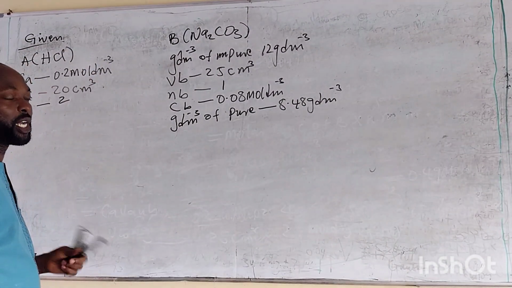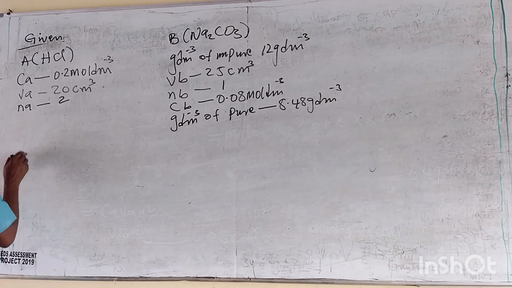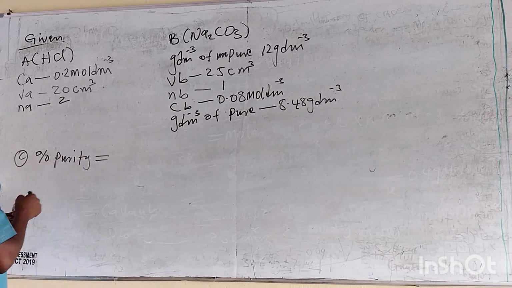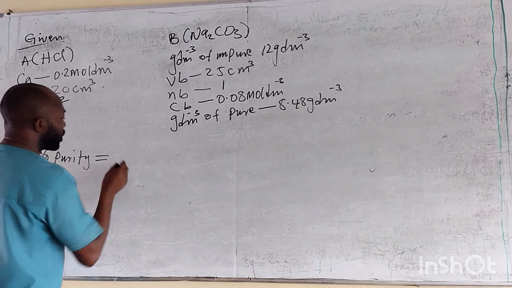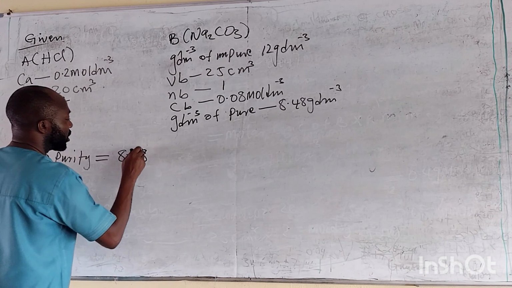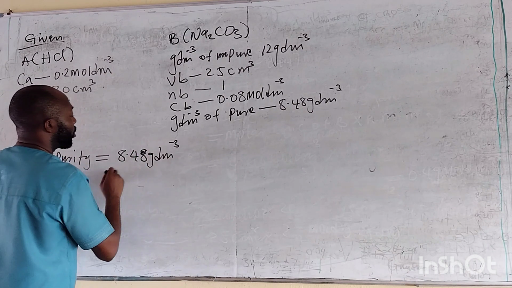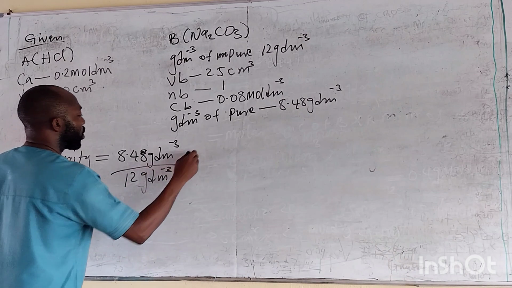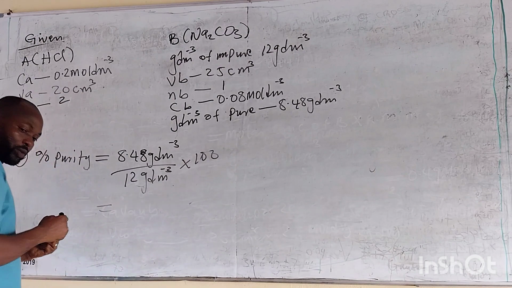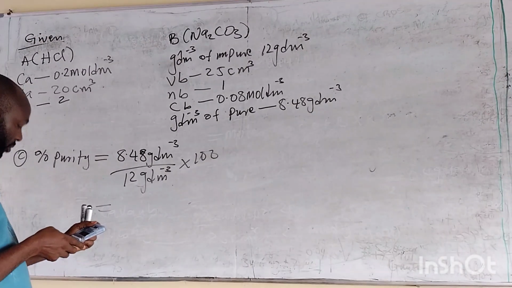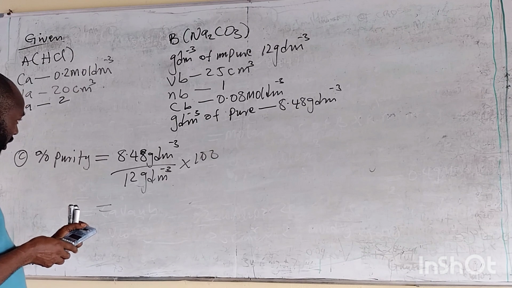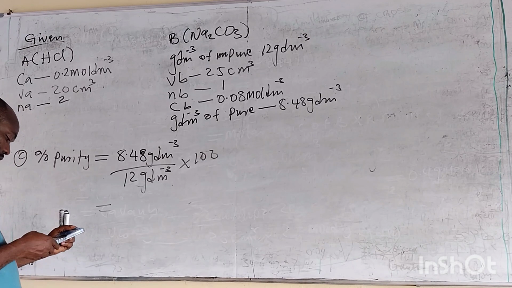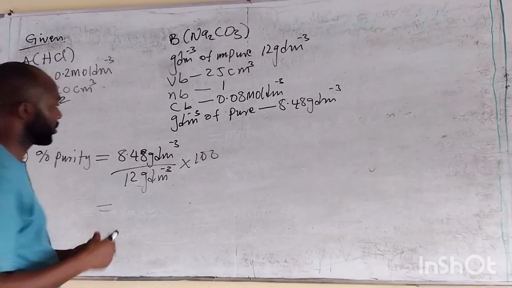Now, percentage purity, C. Percentage purity is equal to mass count of pure, which is 8.48 g per dm cube, over mass count of impure, which is 12 g per dm cube, times 100. That is 8.48 divided by 12 times 100, which is 70.7.